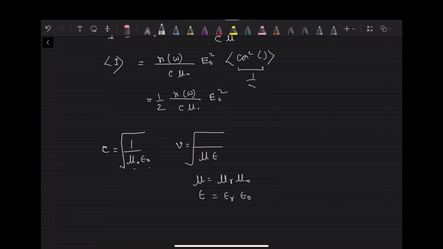So from this expression we can find an expression for n in terms of these parameters.